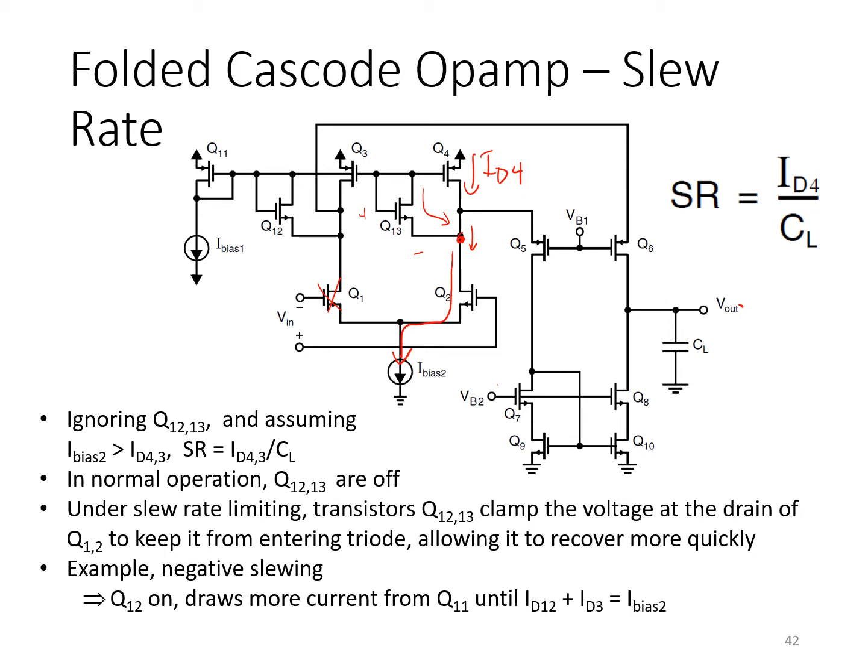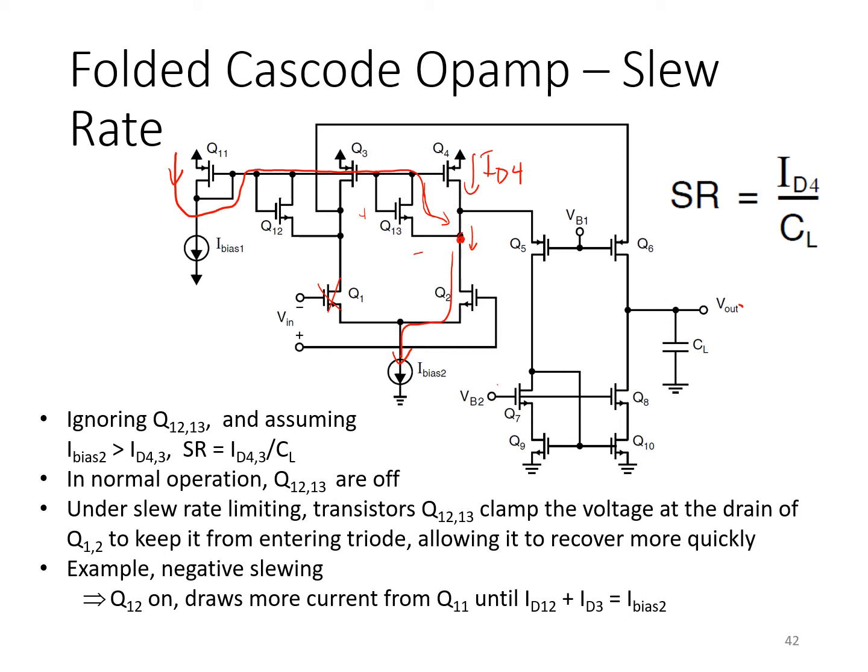And that therefore allows the op amp to recover more quickly from slew rate limiting because the bias point is not as messed up. So where does this current come from? Well, if you follow the trail of the current, you will recognize that the only place it could come from is in fact through Q11.